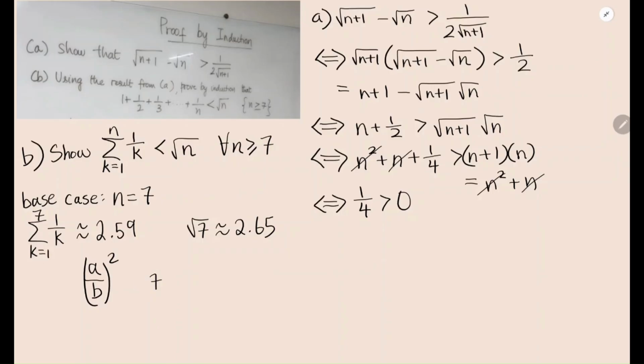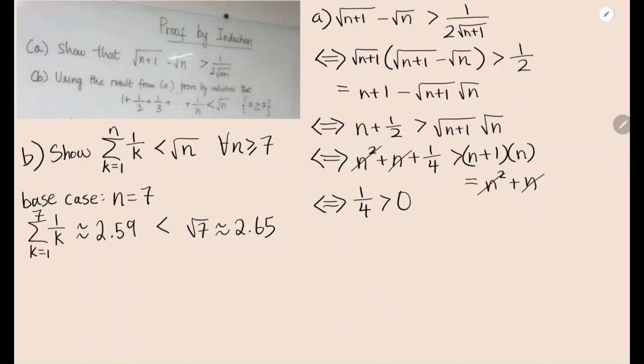Square root of 7 squared is 7, so you just have to compare these two numbers, and you'll figure out that 7 is going to be greater than this sum squared, which means that the sum, if I square root both sides, is going to be less than the square root of 7. This is also a biconditional statement. So we conclude here that the sum is going to be less than the square root of 7, so the base case holds.